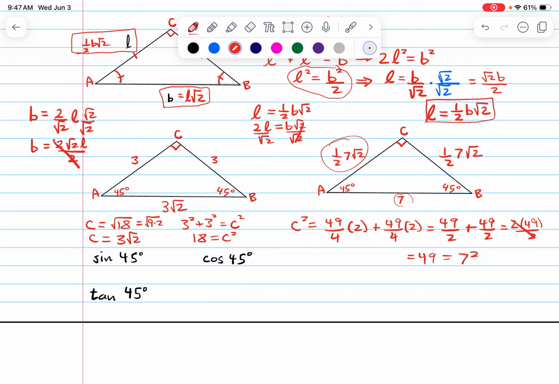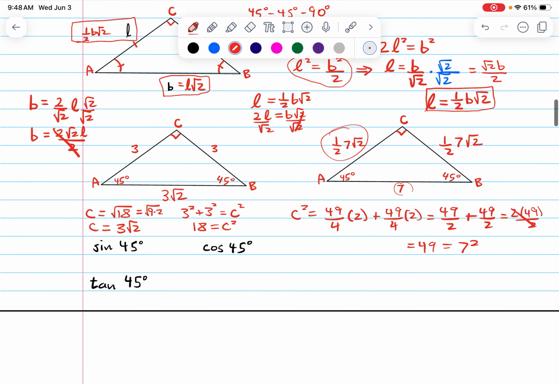Now, also remember this, that if you look at the sine of 45 degrees, and the cosine of 45 and the tangent of 45, look what you get. First of all, you're going to take the opposite.